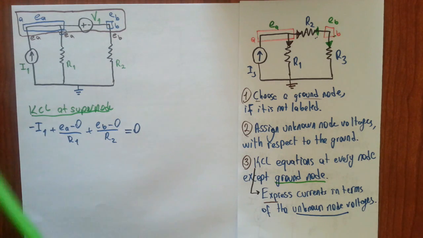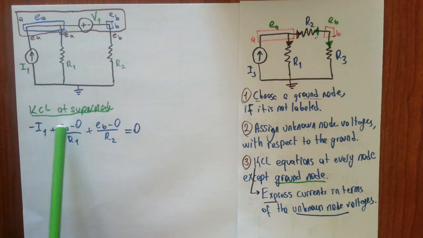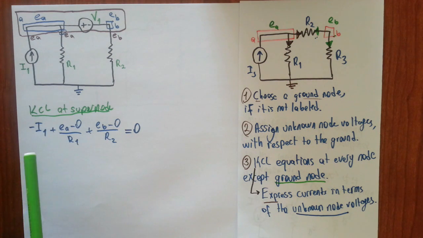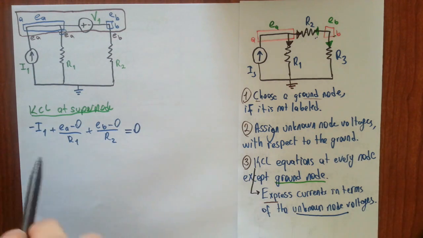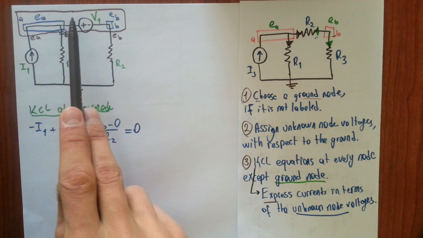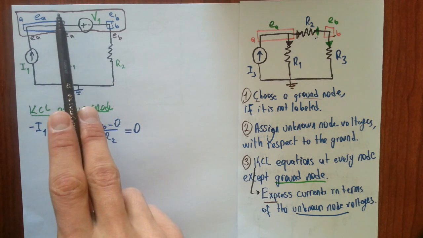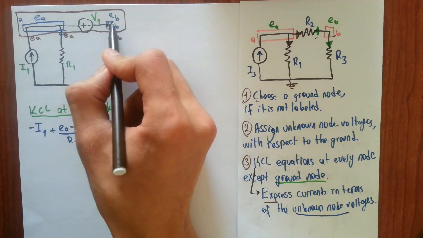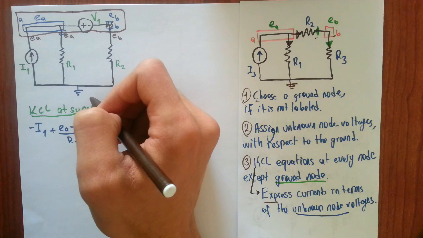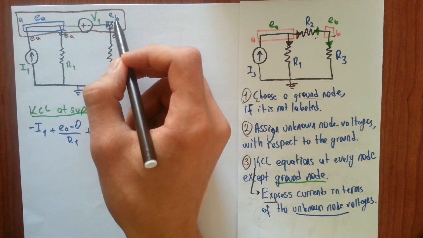As we see, we have two unknowns in this one equation. We must have one more equation to solve this system, and we will write that equation at the construction of the supernode. Notice that we have labeled this as the node voltage EB, right?